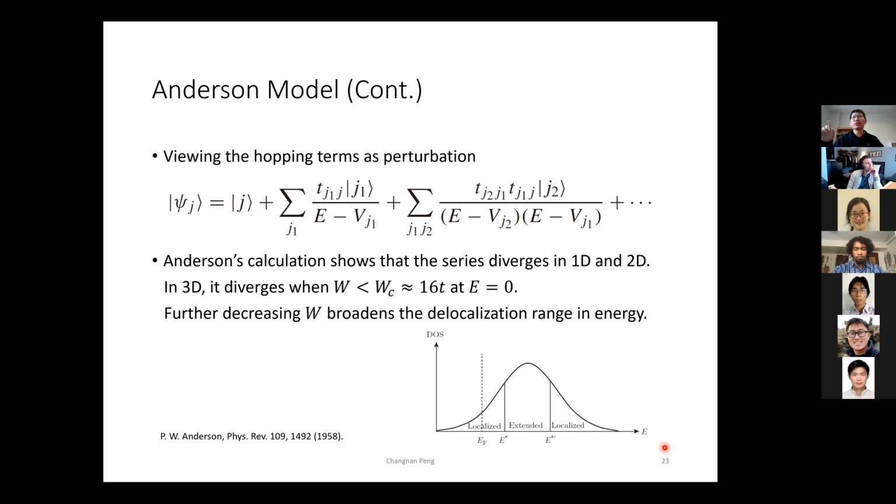But I'm not 100% sure about that statement. But the localization transition means we no longer have this extended range; the mobility edge collapses at E equals 0, and all these states are localized.